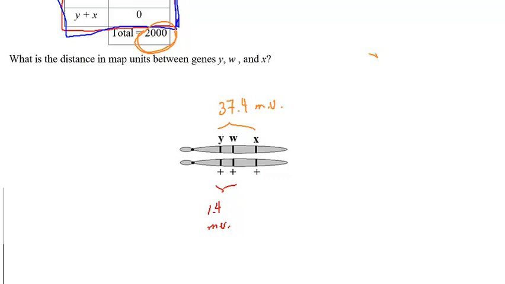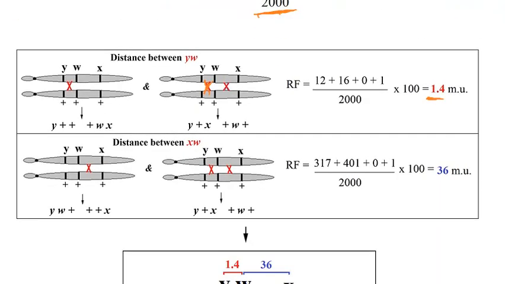Now let's do the same thing with W and X. You have to find the recombinants between W and X, add them up, and then we can also have another recombination between W and X in double recombinants. We don't multiply the number by 2 again because only one crossover happened in these double crossover gametes.